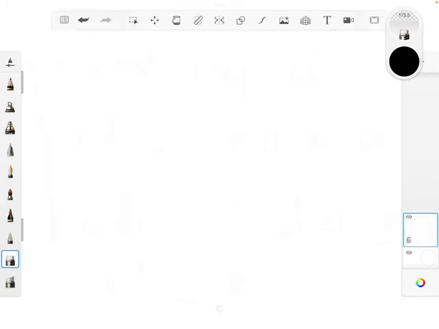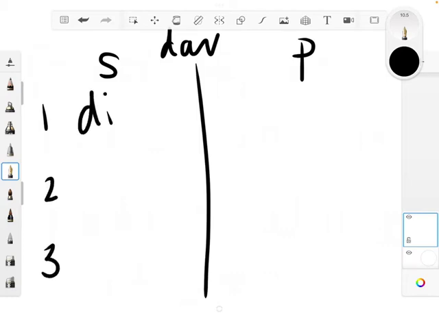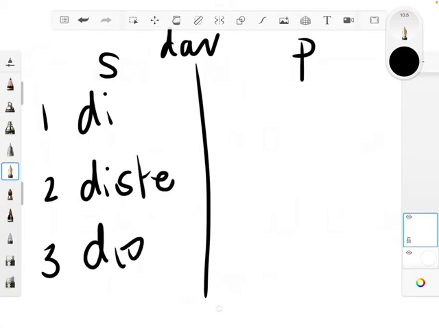Okay, so next page. The preterite of dar. So I'll just go ahead and write this one out for you. Okay. Yo di, tú diste, él dio, nosotros dimos, and ellos dieron.